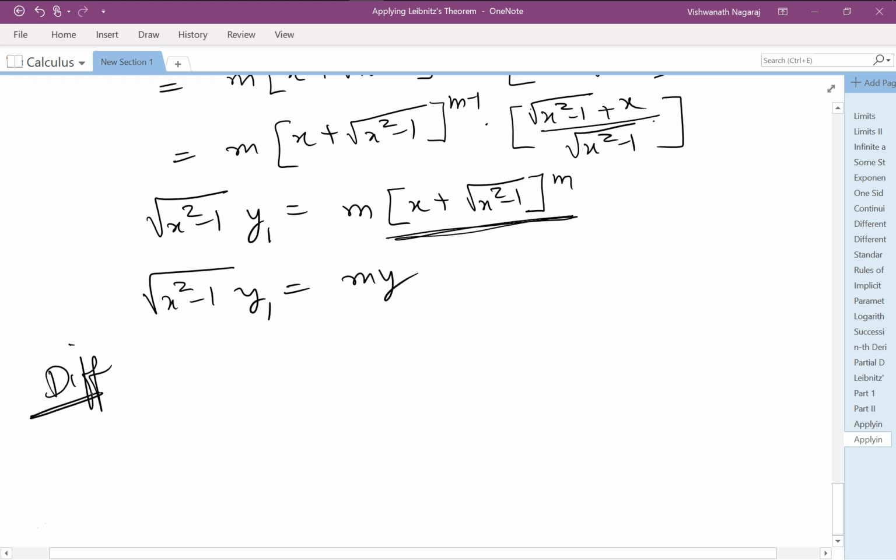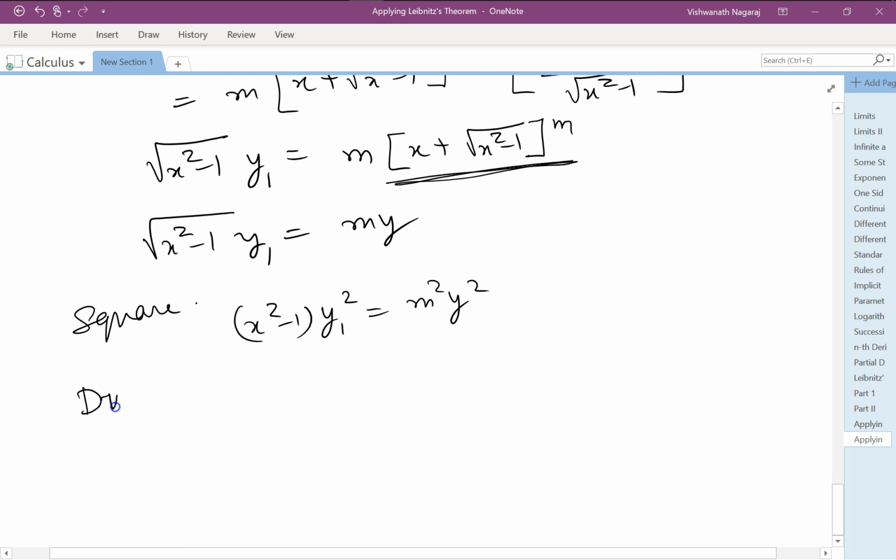So when we differentiate it, what happens? To make it much simpler to differentiate, let's remove the square root, so we square both the sides. So this becomes x square minus 1 times y1 square equal to m square y square.